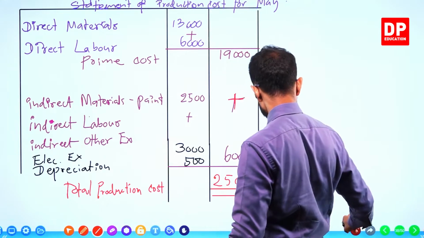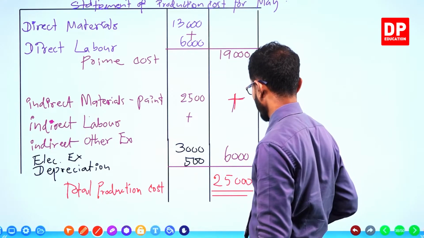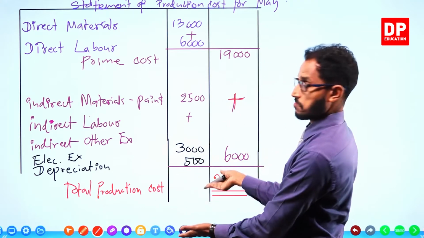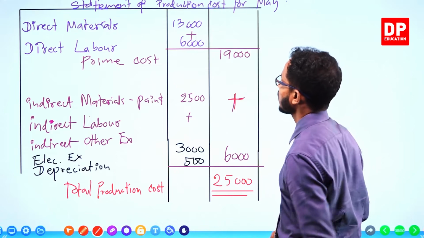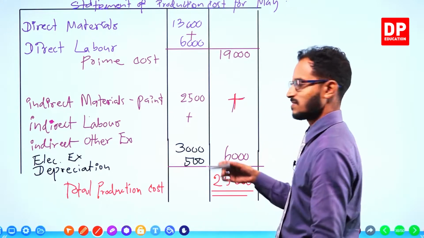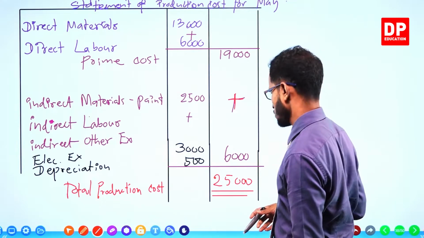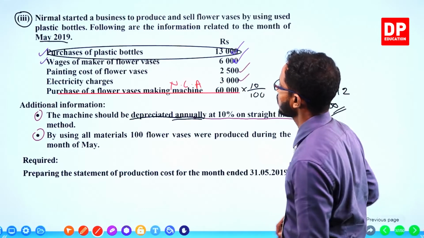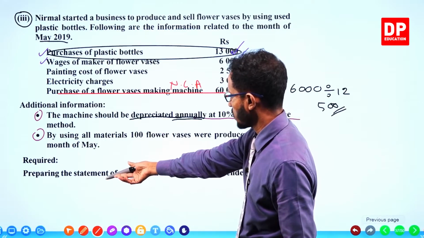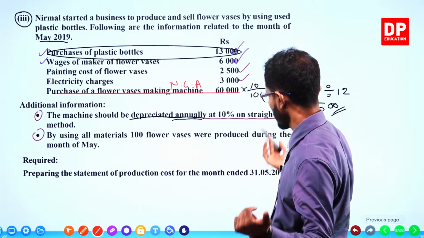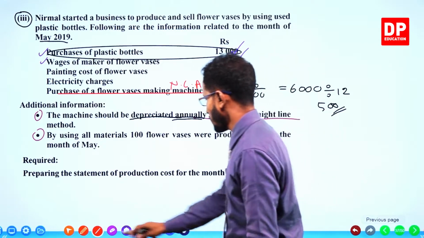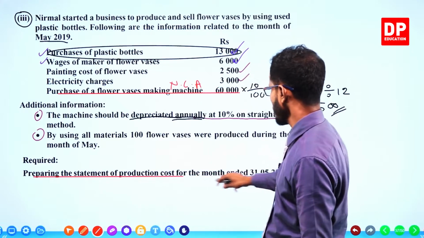That is the total production cost. That's it. Well, the question is so easy. There's no challenge in this question. You don't even have to calculate the unit cost, no? Yeah, that's it. Just prepare the statement of production cost.